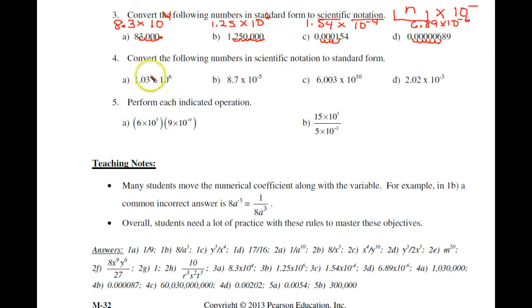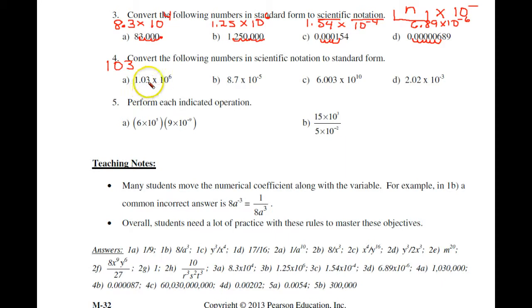Now here we have numbers that are in scientific notation, and we want to put them into standard form. Okay. Well, our number is 103, and I have to add how many decimal places here?